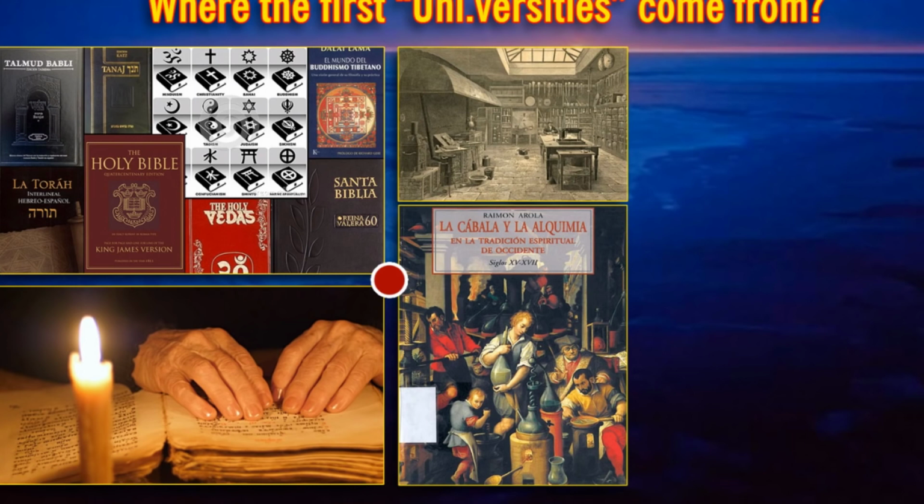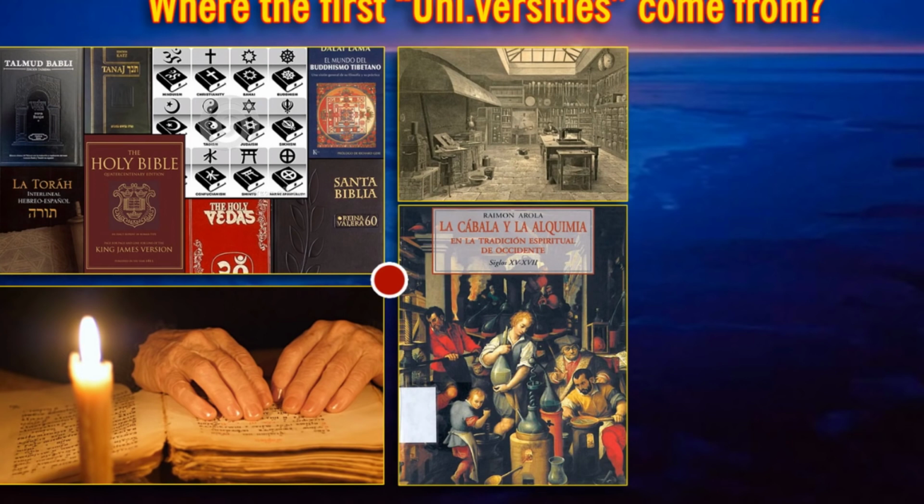Because when you understand the symbols, you're going to understand a lot of other things that you are never going to understand if you don't look into the symbology. That is why they put that famous pyramid with the eye on the $1 bill.